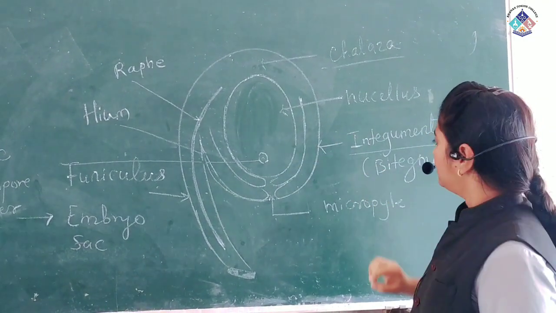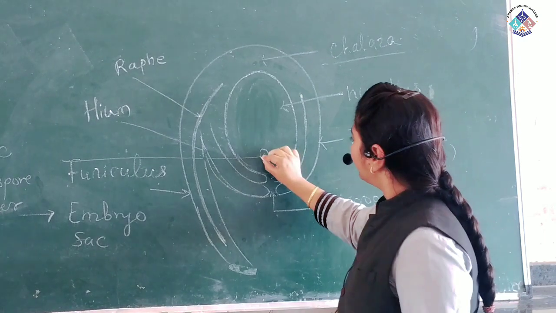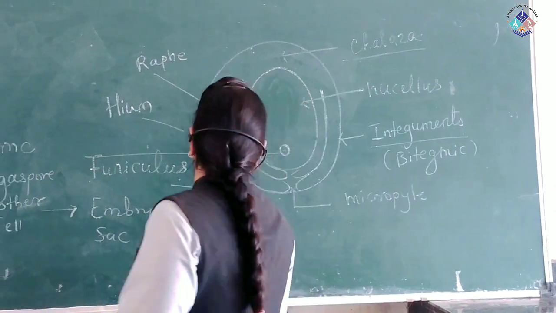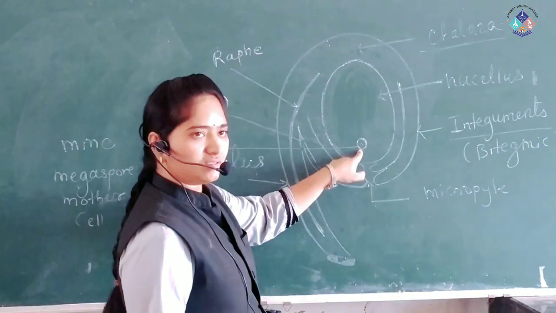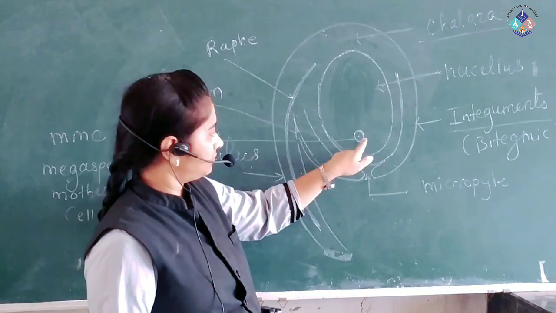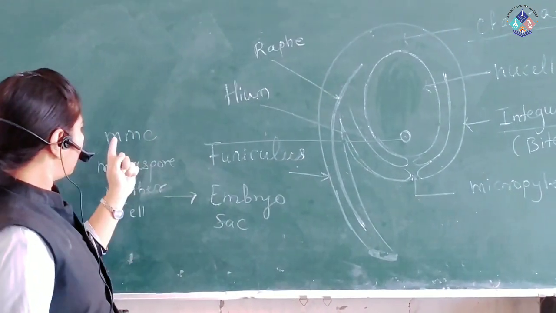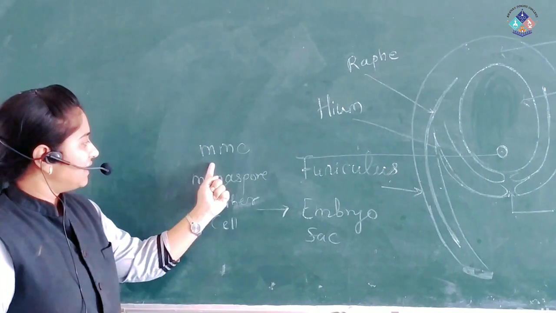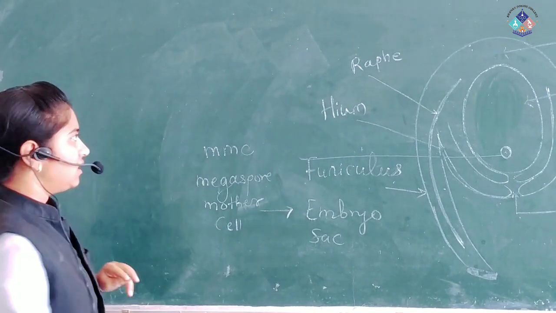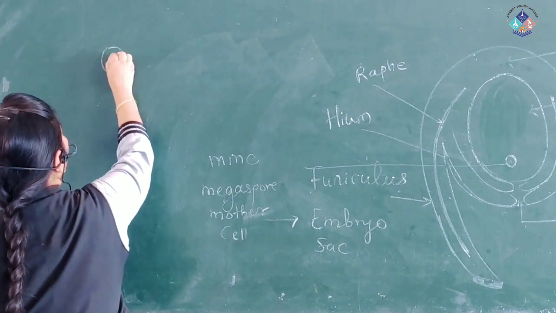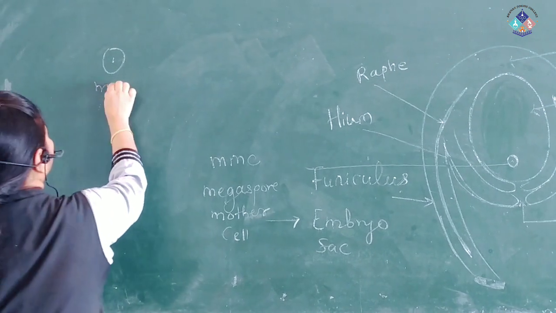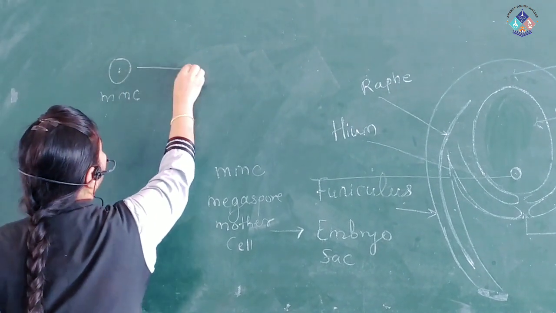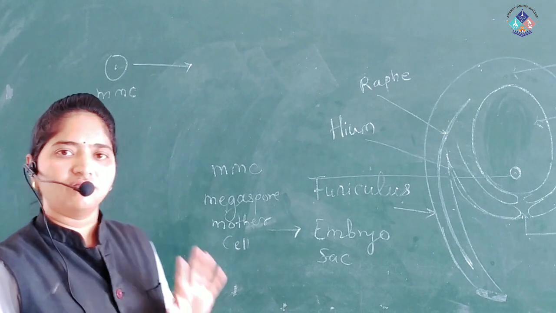The next topic: how the embryo sac develops. The cell of the nucellus towards the micropylar end becomes the MMC, that is the megaspore mother cell. Here I will show you one megaspore mother cell, and simply we can write it as MMC. It undergoes one meiosis division.